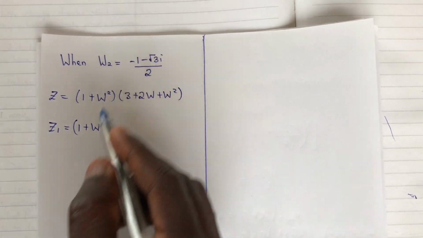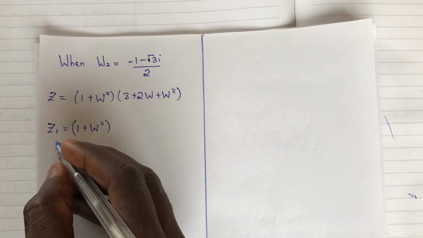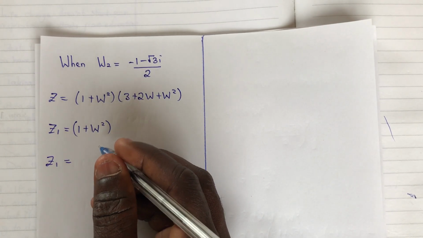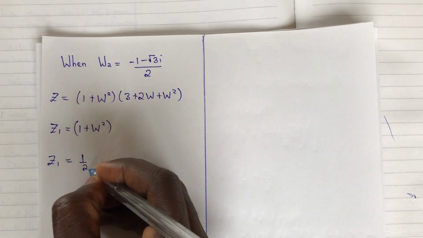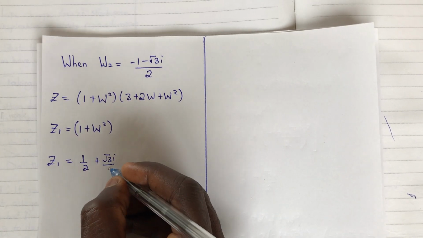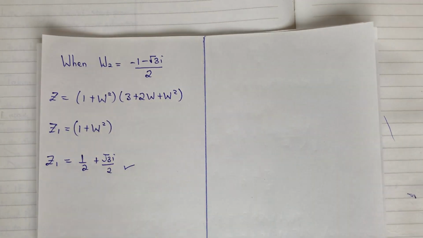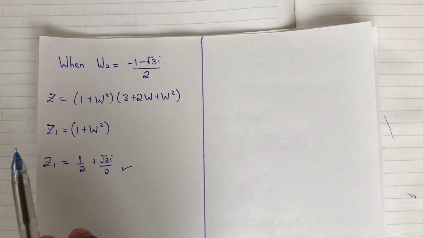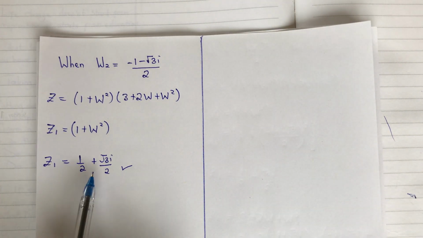Substitute the value for this one here and punch it on your calculator. The result for Z1 will be giving you 1 over 2 plus root 3 i all over 2. So you check it out yourself. You fix in the value here, you work it out or you punch it on the calculator. This is the result you get.